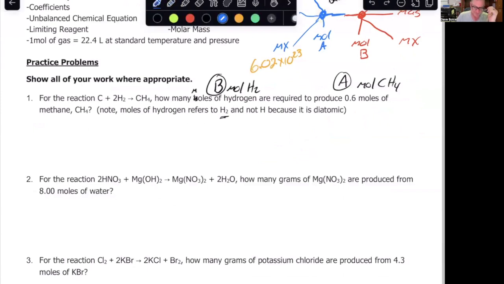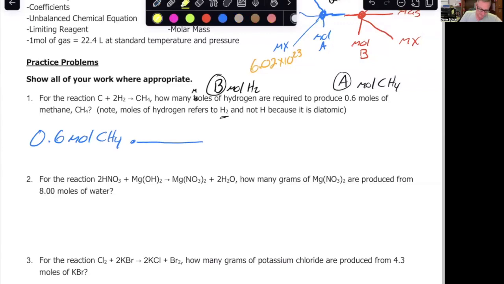And in this case, my given measured quantity is 0.6 moles of CH4 or methane.